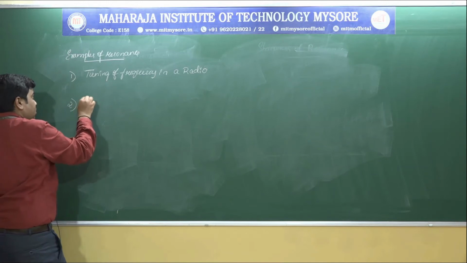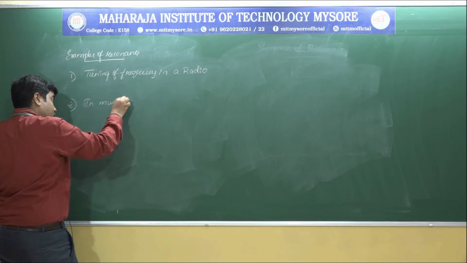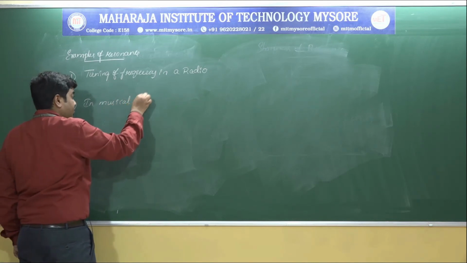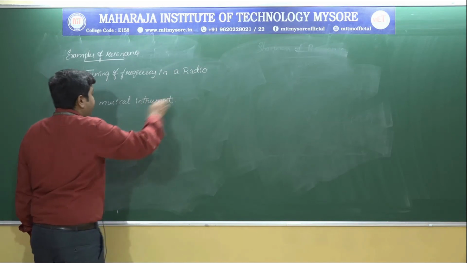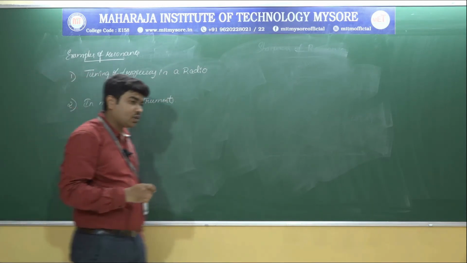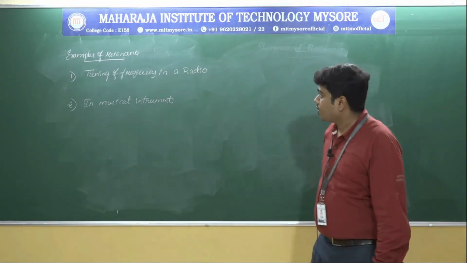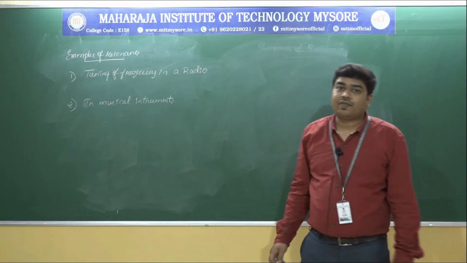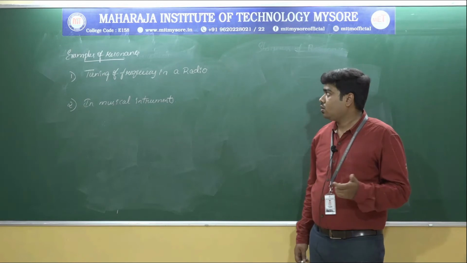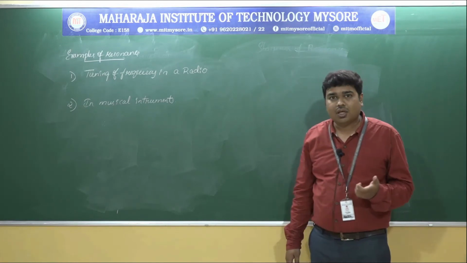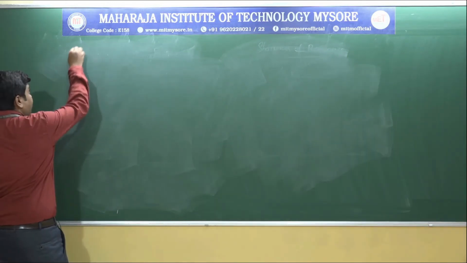Second one is in musical instruments. Now, in the case of the first one, as we switch on the radio and start tuning, the frequency is nothing but the applied frequency to hear a very good note of the music. So that's how resonance can also be observed in musical instruments.